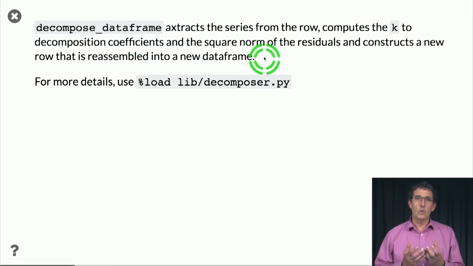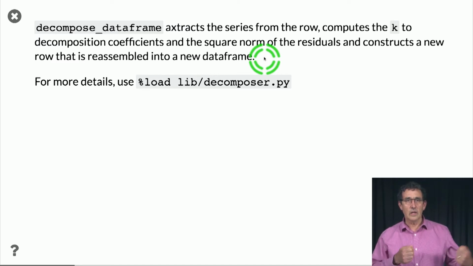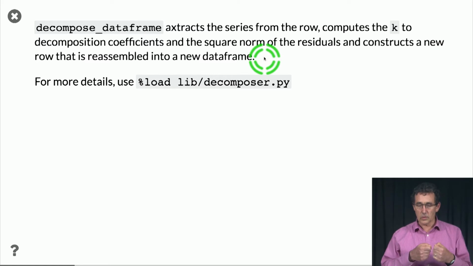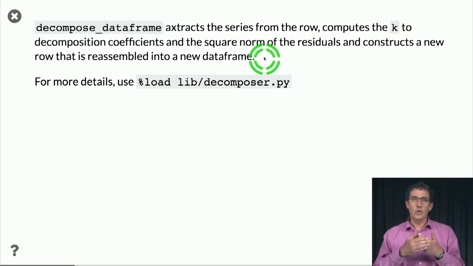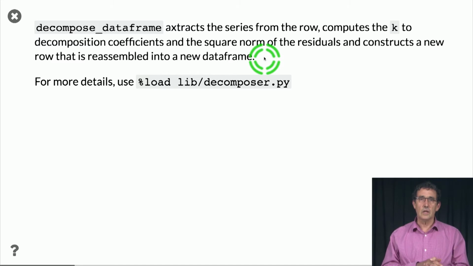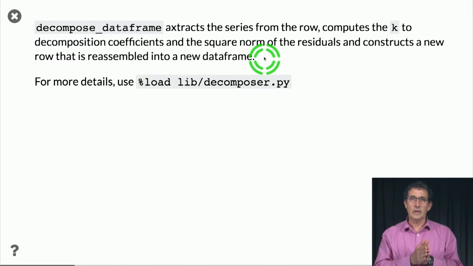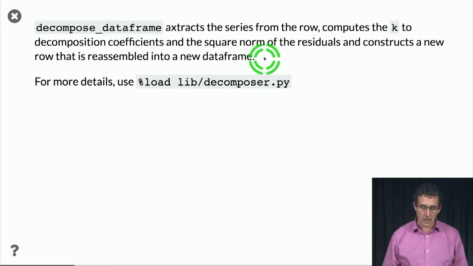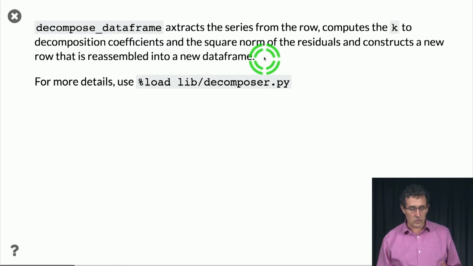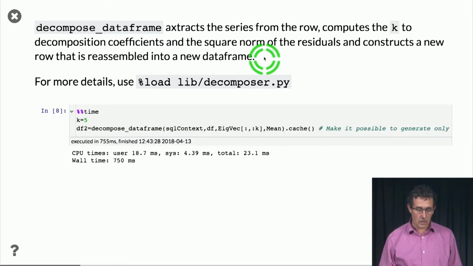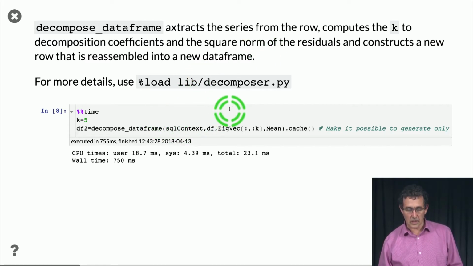Okay, so what we are doing is basically we're taking a particular row that represents a particular year of snow depth, and then we're representing this year using the top k coefficients. And then the next thing that we'll do is we'll plot that. Okay, so here is one such thing. And this is done for each row.